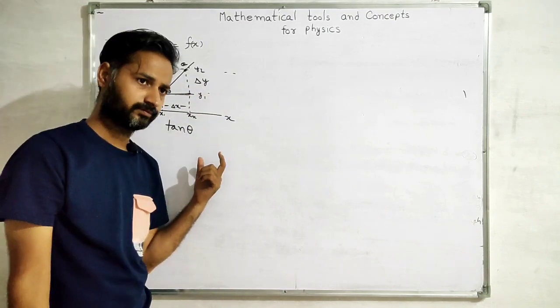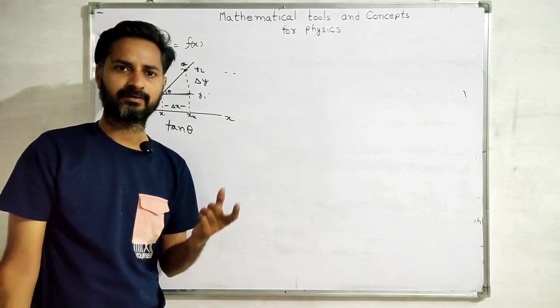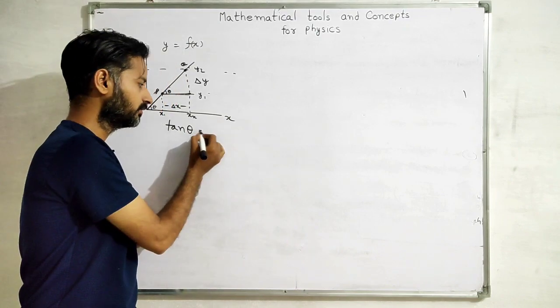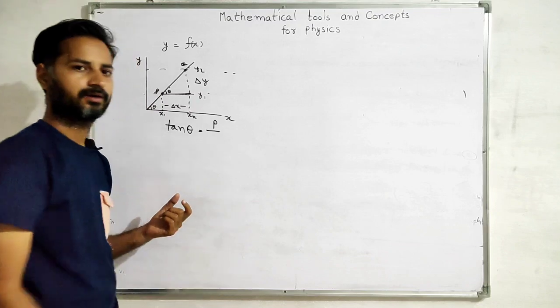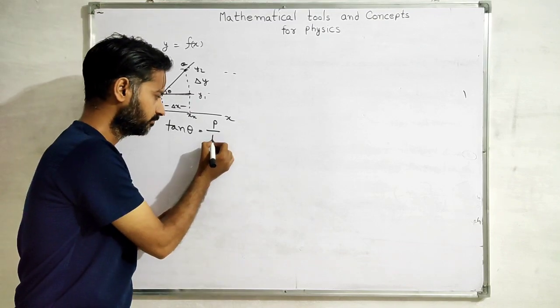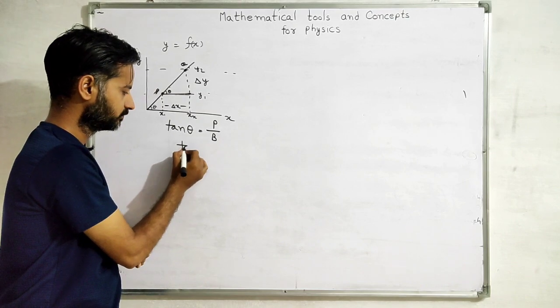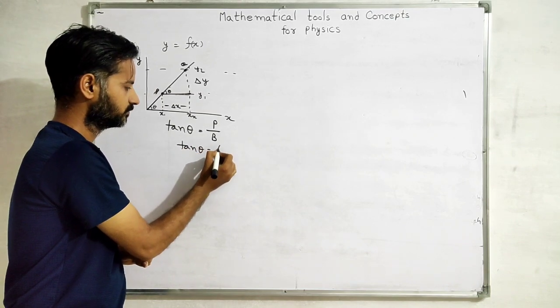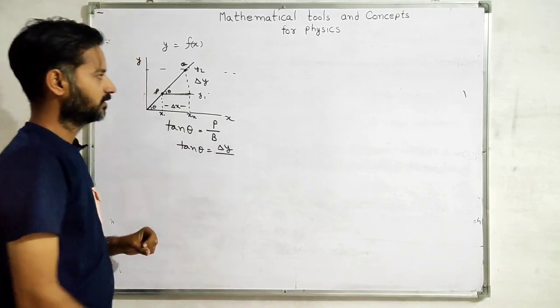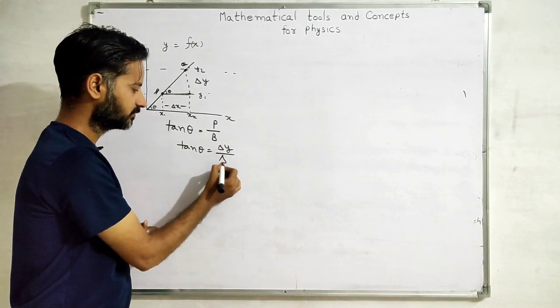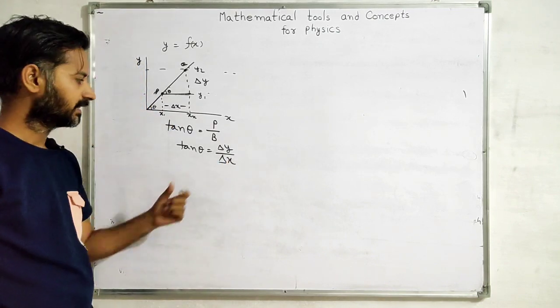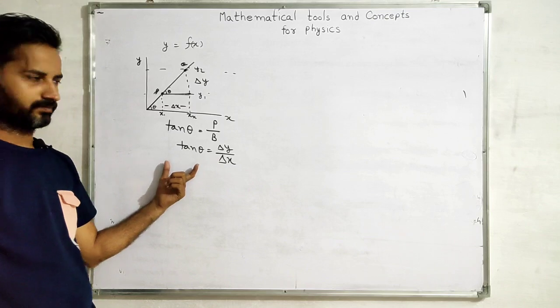Then tan theta will be perpendicular divided by base. So perpendicular is delta y and the base is delta x.